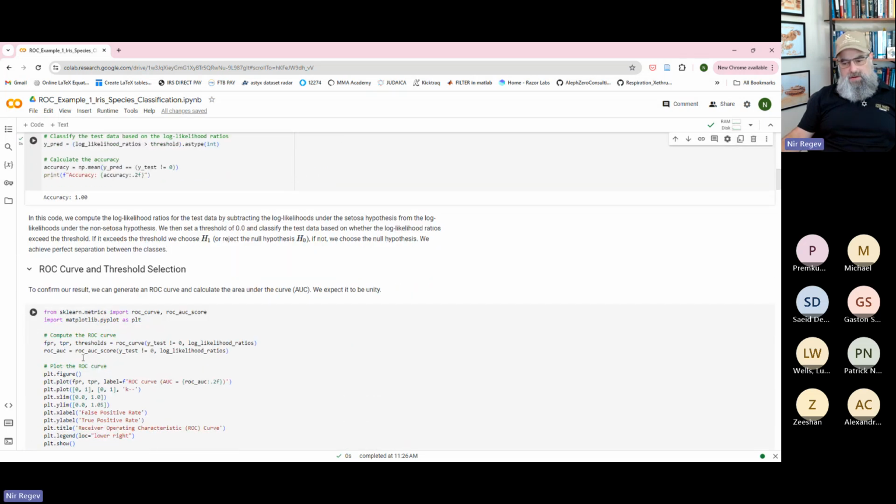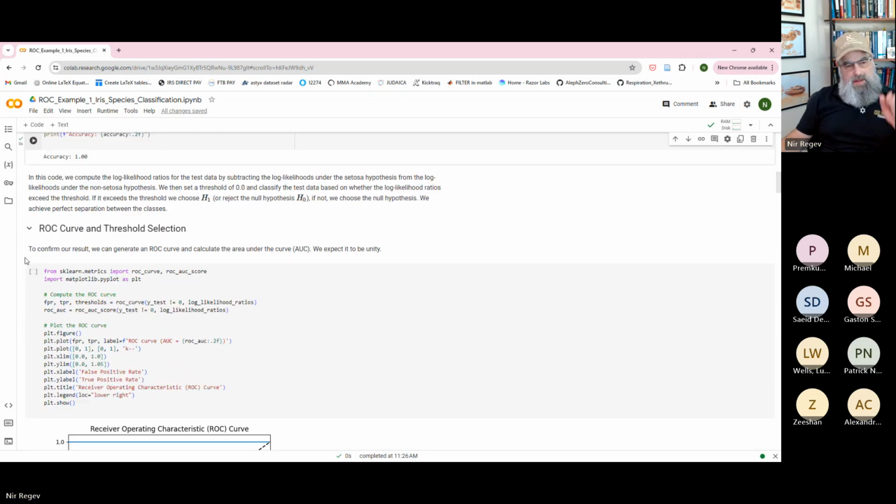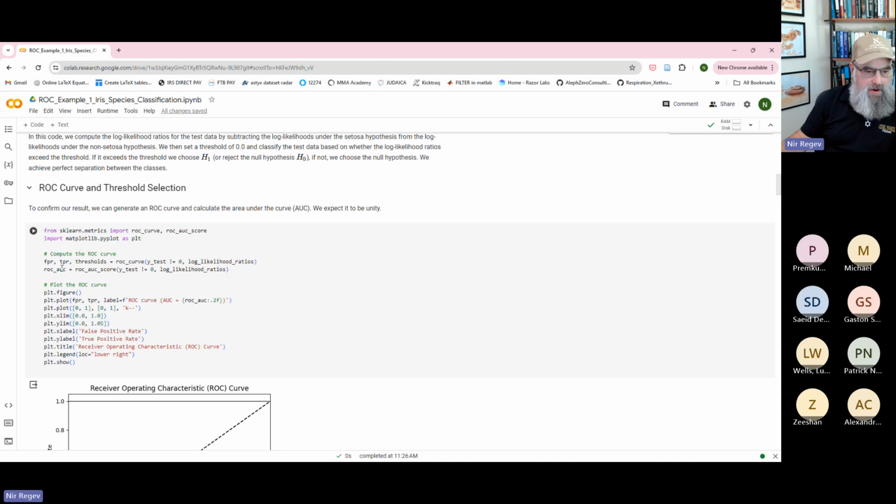The next section here is where we do a ROC curve and a threshold selection. Let's see how we do that. So we compute the ROC curve. We set FPR, the false positive rate, TPR, the true positive rate, and the threshold as outputs of this function, roc_curve.